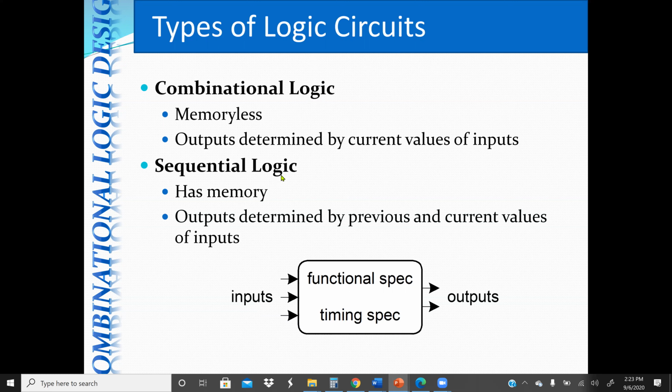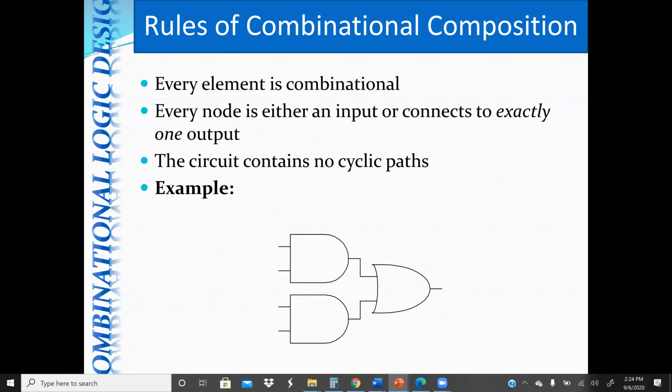With sequential logic, we have a memory, so the output is determined not only by the current inputs, but also by the previous inputs that we stored in the memory. We should know the difference between the 2: combinational logic is memoryless, and sequential logic has a memory. Whatever is in the memory, with a new active input, can determine the output.